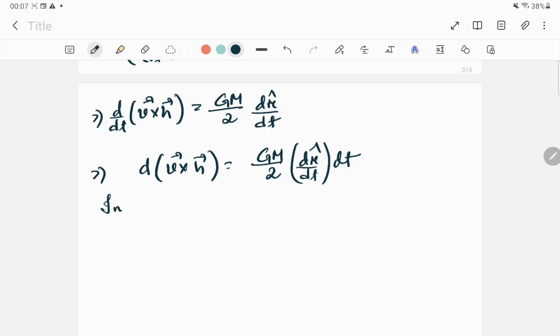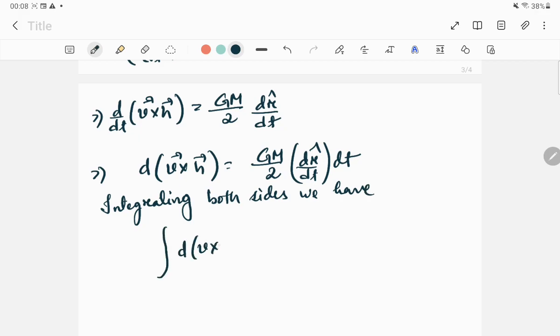So integrating both sides, we have v cross h equals gm by 2 integration of dr cap. Since this is an integration without limit, we must write a constant of integration, say c.